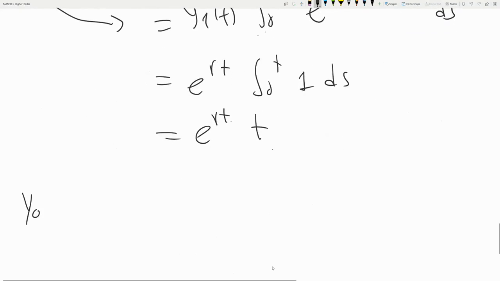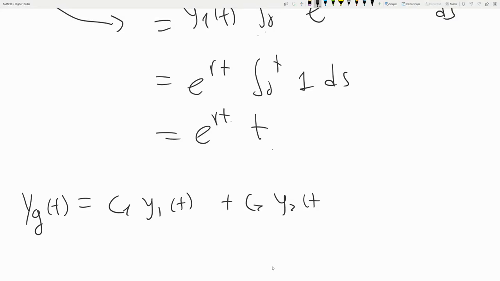So the general solution would be c_1 y_1 plus c_2 y_2, which is c_1 e^(rt) plus c_2 e^(rt) times t. Okay.